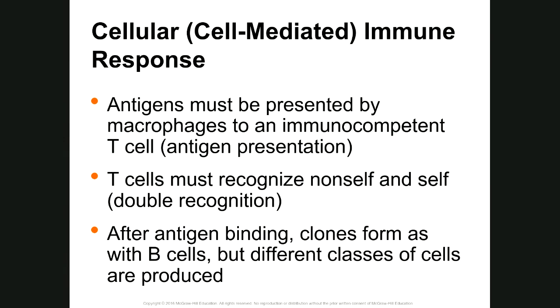First, one cell, like a macrophage or a dendritic cell, should catch the antigen, break it down, and present it to the immune system and T cells. T cells must distinguish between self-antigen and non-self antigen, so their function is very important. And after antigen binding, they can make clones. The clone is very similar to the clone of B cells, but different classes of cells are produced here.